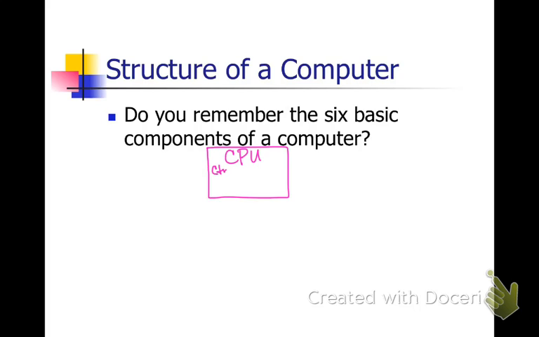One is the control unit, the arithmetic logic unit, and also something that's going to come into play quite a bit with low-level programming is a series of temporary high-speed storage locations that are part of the CPU called registers. So that's the first piece, and actually I guess we could consider it multiple pieces.